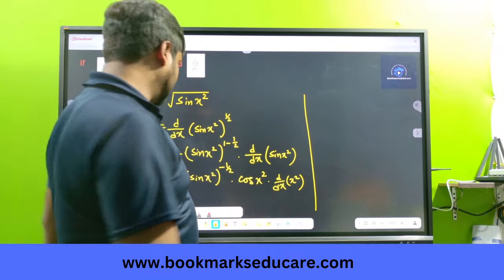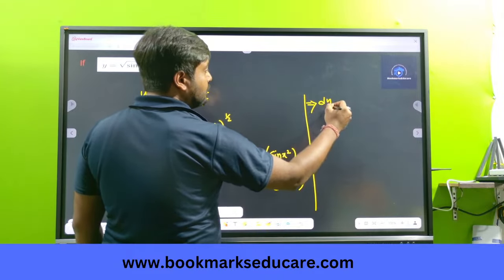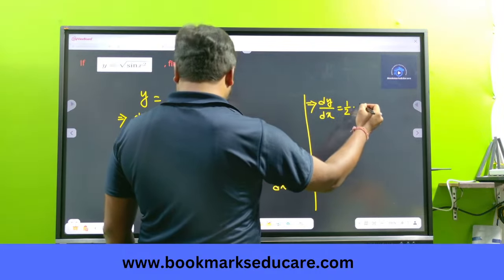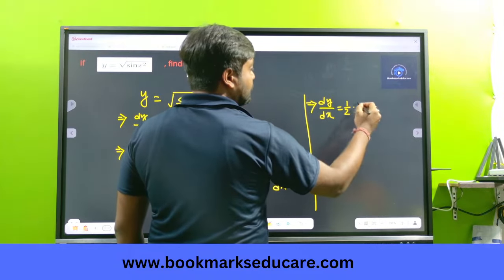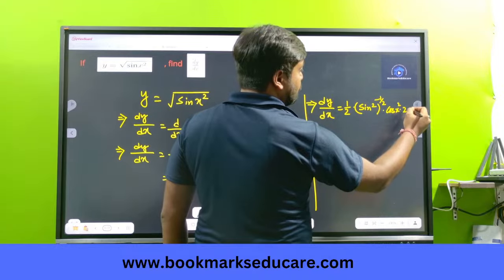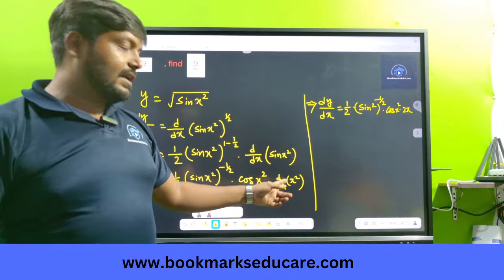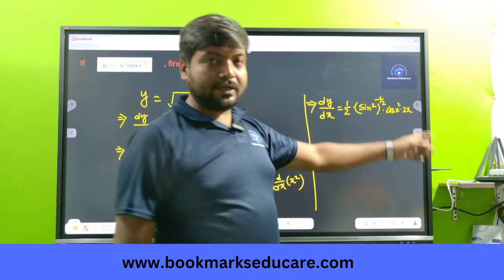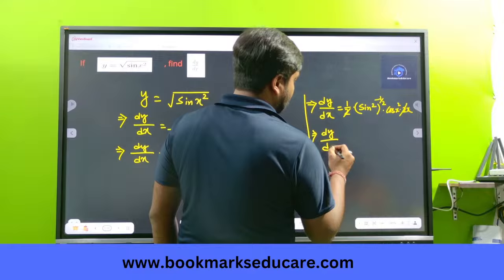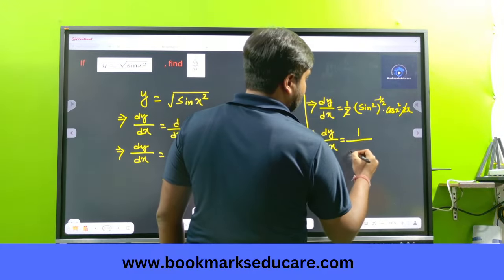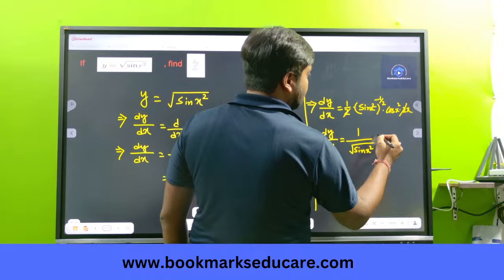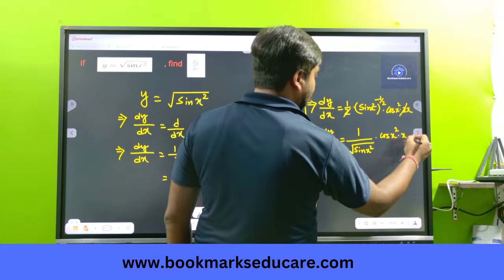Let's do the remaining sum on this side. dy by dx equals 1 by 2 into sin x square to the power minus 1 by 2 into cos x square into 2x, because the differentiation of x square with respect to x gives 2x. 2 and 2 will be cancelled out, so ultimately we will get 1 by root over sin x square into cos x square into x.